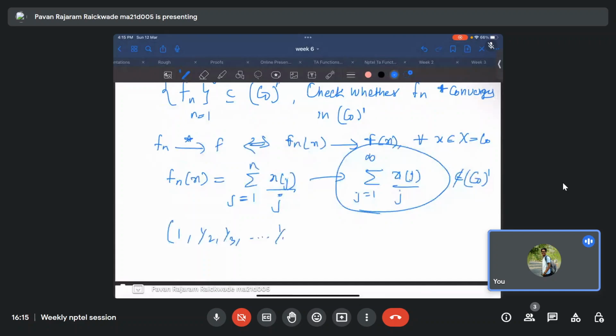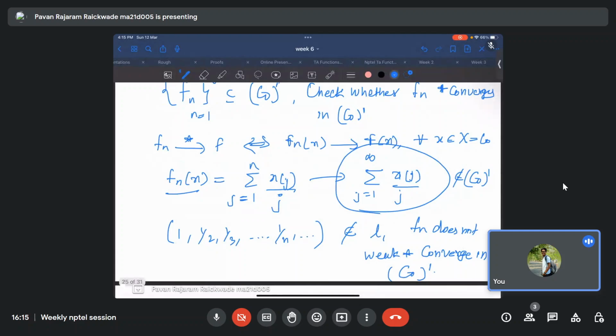This doesn't belong to L1, right? That means this Fn does not converge.